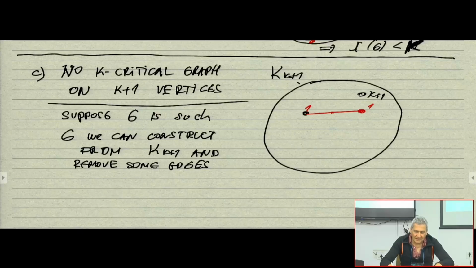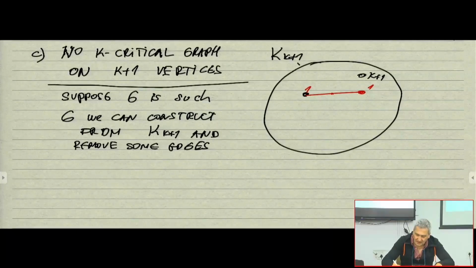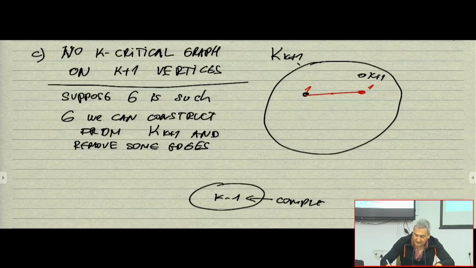So we obtain our graph on k plus 1 vertices by removing the edge. If we remove this, our graph looks pretty much like this. We have k minus 1 vertices, this is a complete graph, and 2 more vertices.